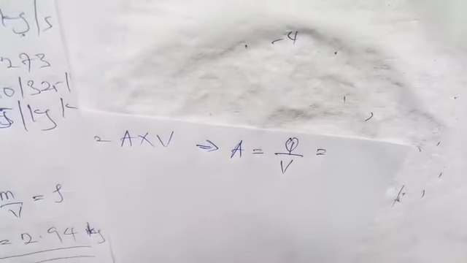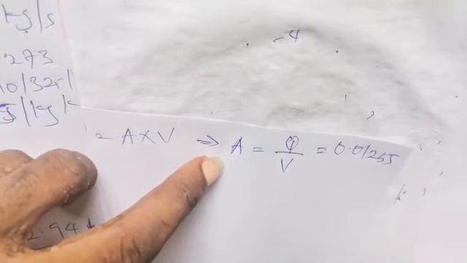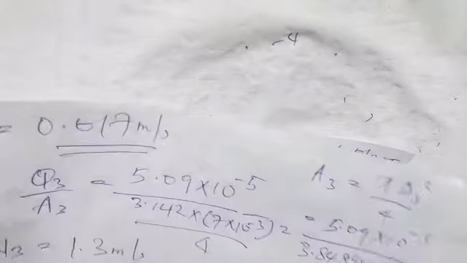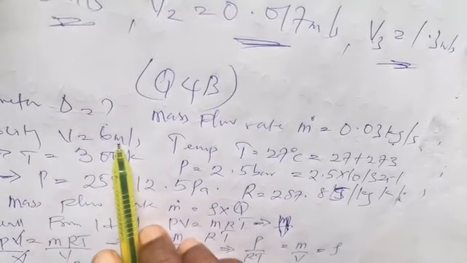I obtained the value of discharge to be 0.01255, so I have 0.01255 all over the velocity from the question. From the question, velocity was given to us as 6 meters per second, as can be seen here.